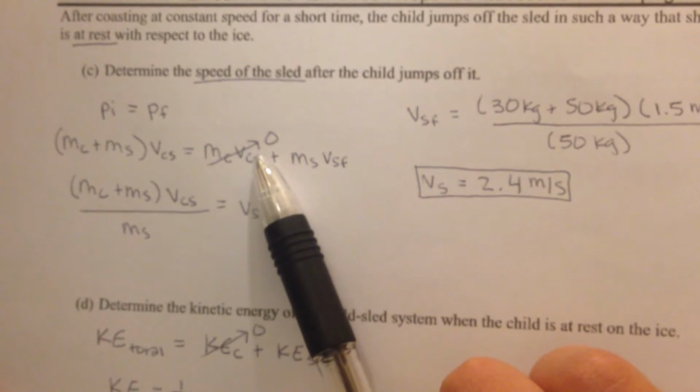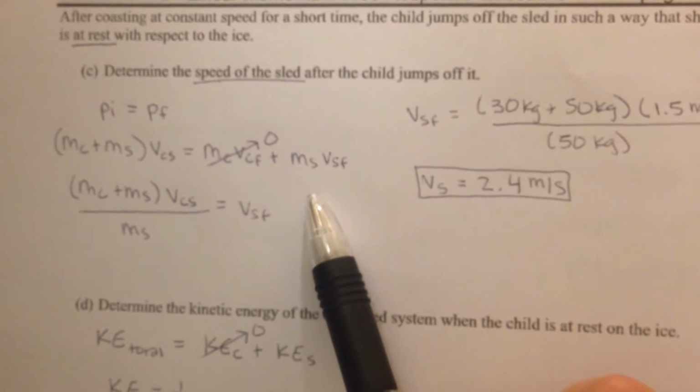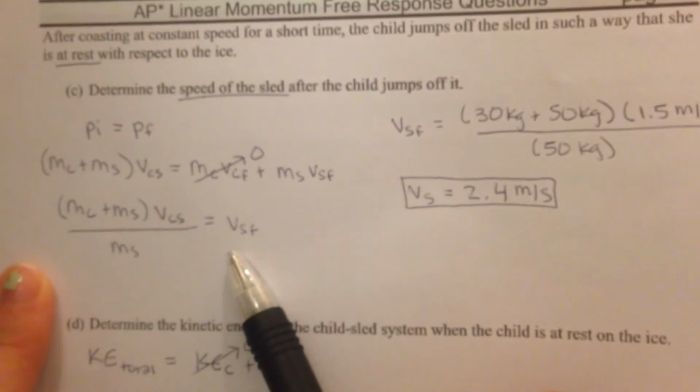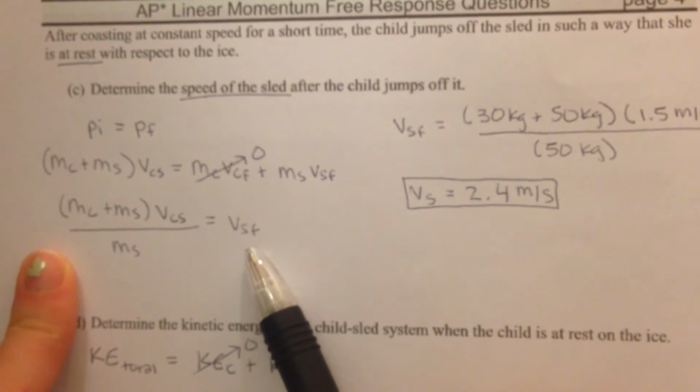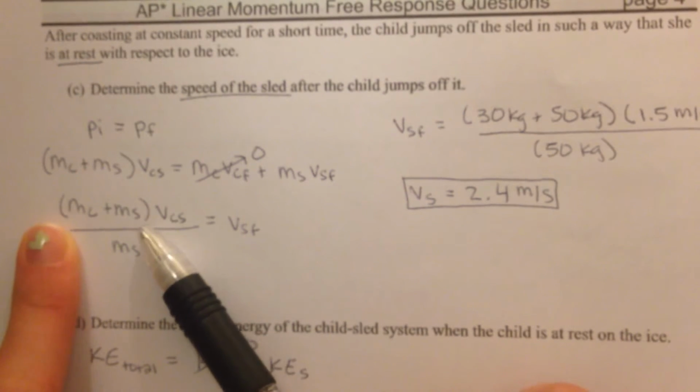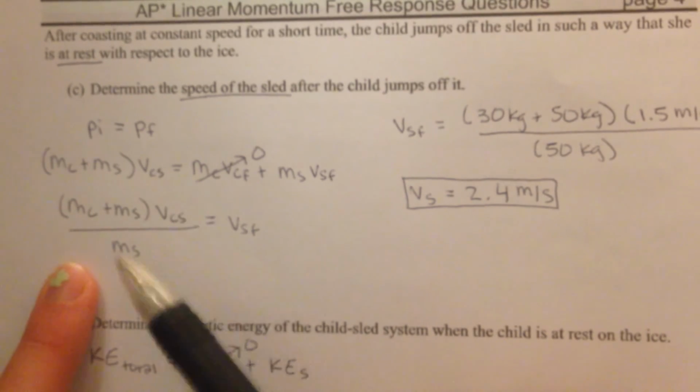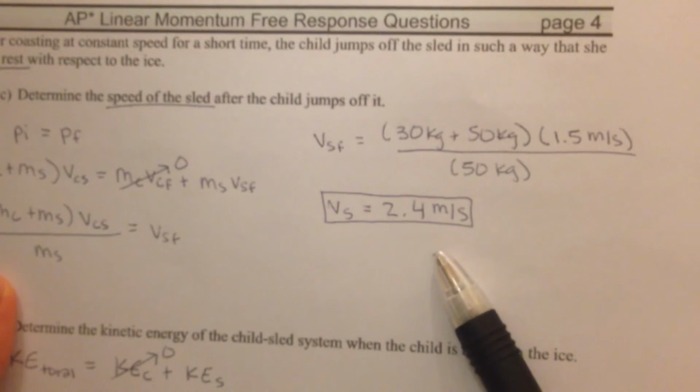So the momentum of the child is 0 plus the momentum of the sled. So we solve for the final velocity of the sled. We have the total momentum of both objects together divided by the mass of the sled. We plug in all of our numbers and we find that our final velocity of the sled is 2.4 meters per second.